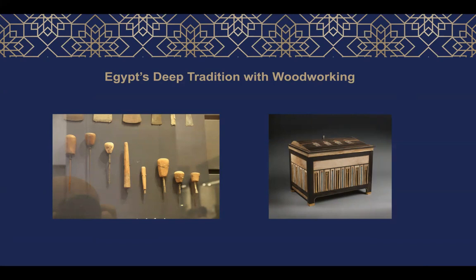So mainly Syria, Lebanon, those areas. And because it was more precious, the woodworkers tended to try to do the most with the least amount of wood. And so you have this intricacy within woodworking starting from this earlier period.